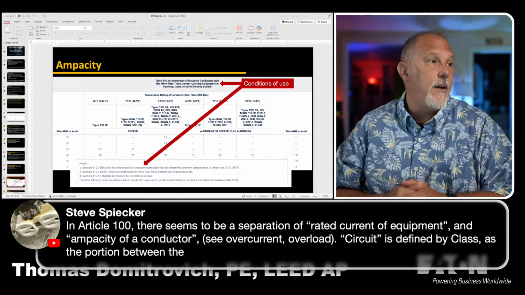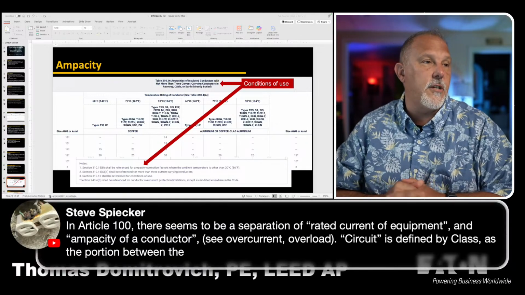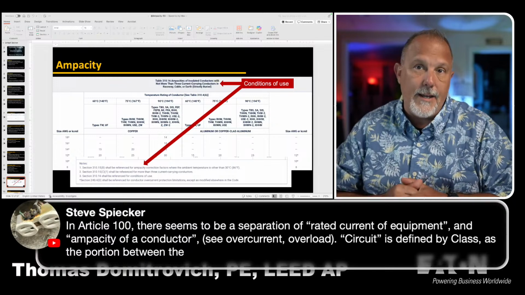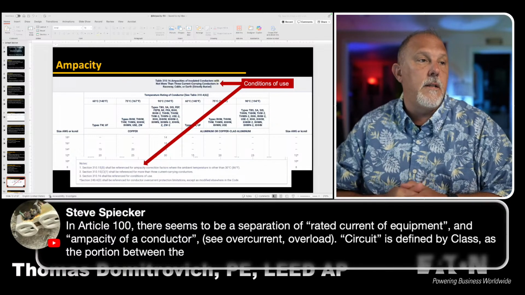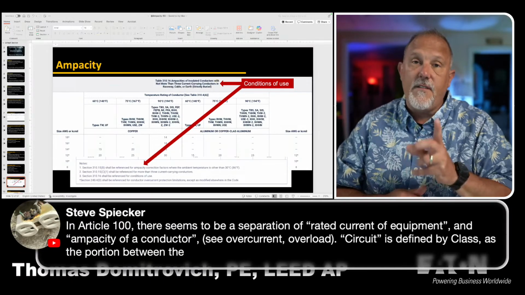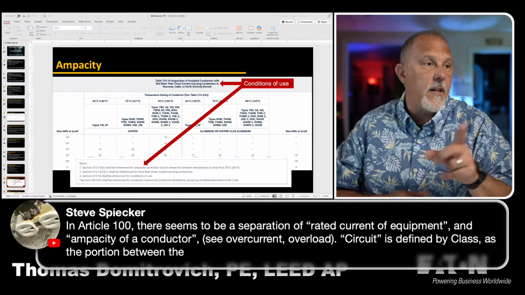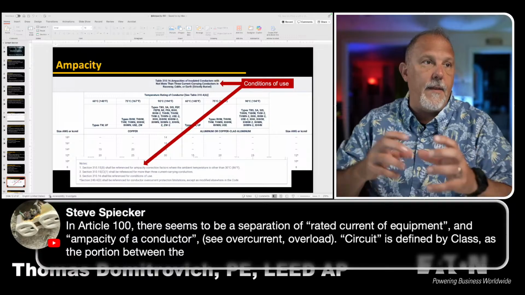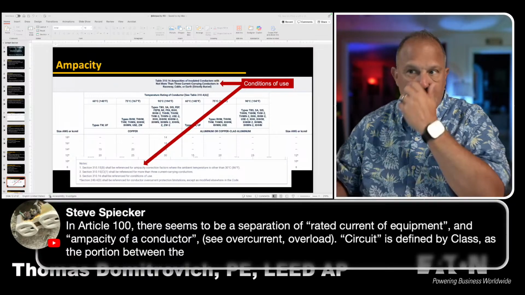I'd have to look at the definition of equipment, but I think they're talking about assemblies like an industrial control panel or something like that. But you have a very valid point that they have this distinction between the rated current of equipment and the ampacity of a conductor.